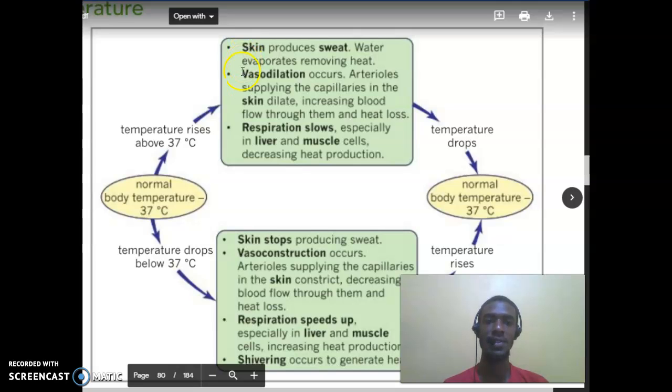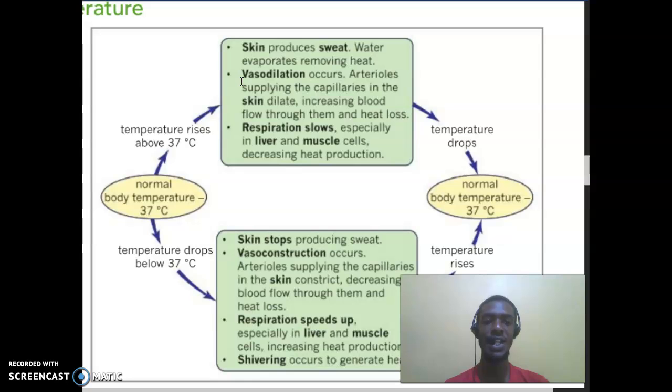There is also a response to the high temperature, which is vasodilation, and dilation simply means that the walls of the blood vessels expand so that more blood can flow through them, and because blood contains heat as well, heat is released through the blood vessels.